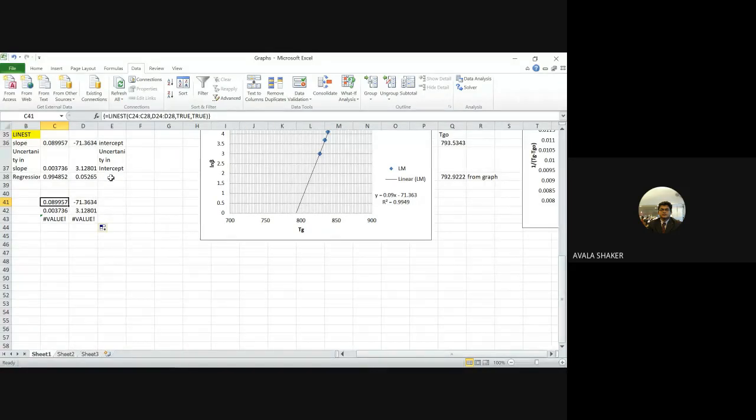These are some values which we don't use. They are there, but what is important for us is the slope and the intercept. So finally, line set will not give you the x-intercepts here. But when we go to regression, it will do the whole thing.